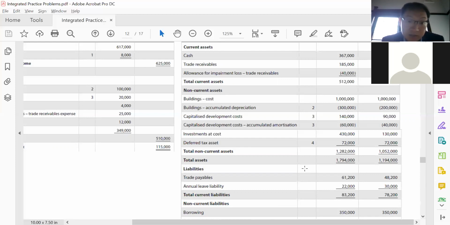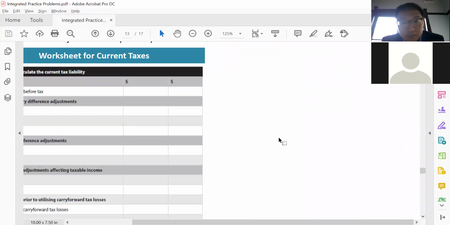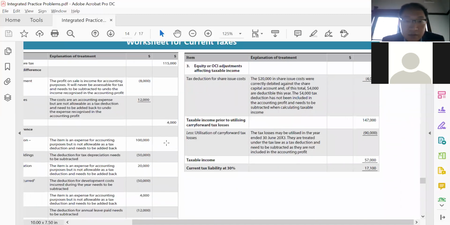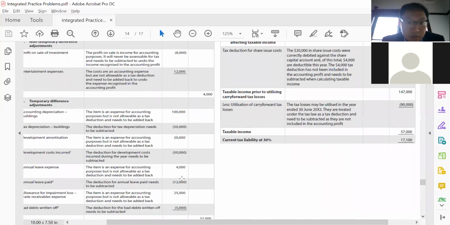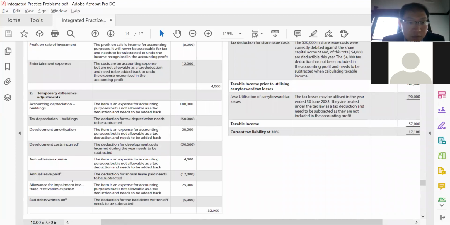the annual leave expense. So we, again, use that information, we put it into our worksheet, and that's where we obtain this amount from. Okay, so the 4,000 and then the 12,000 here. We then go into this allowance for impairment losses, which is again an item that has been expensed from an accounting perspective.